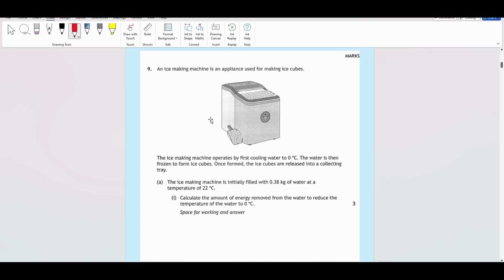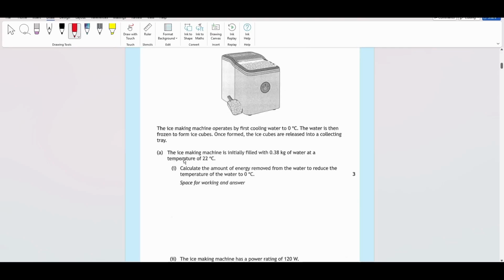Question 9 is about an ice making machine, and 9a says the ice making machine is initially filled with 0.3 kg of water at a temperature of 22 degrees Celsius, and we need to calculate the amount of energy removed from the water to reduce the temperature of the water to 0 degrees Celsius.